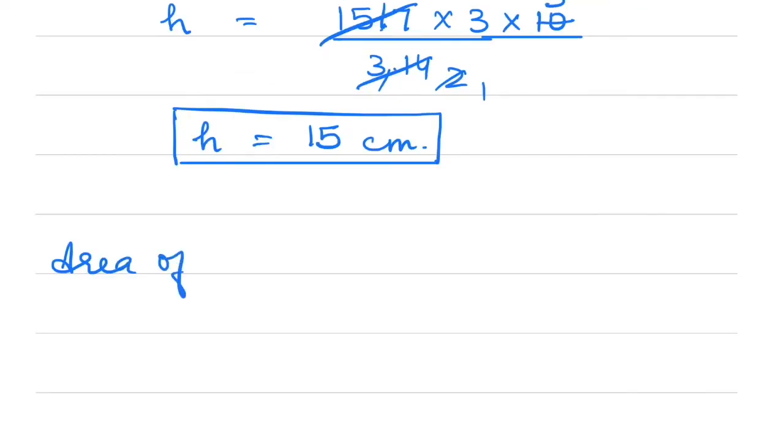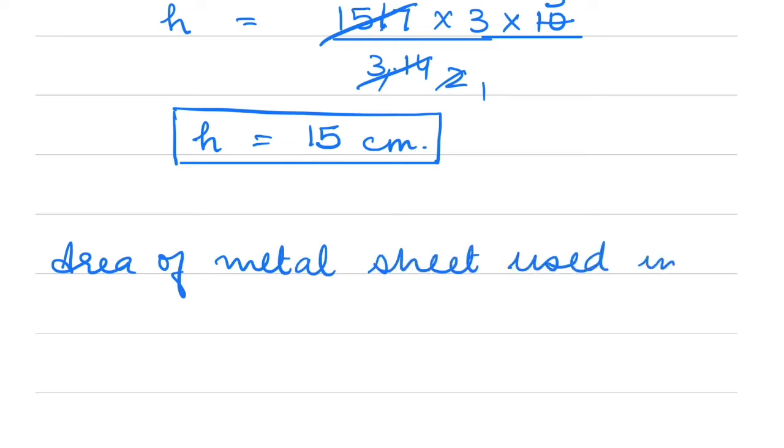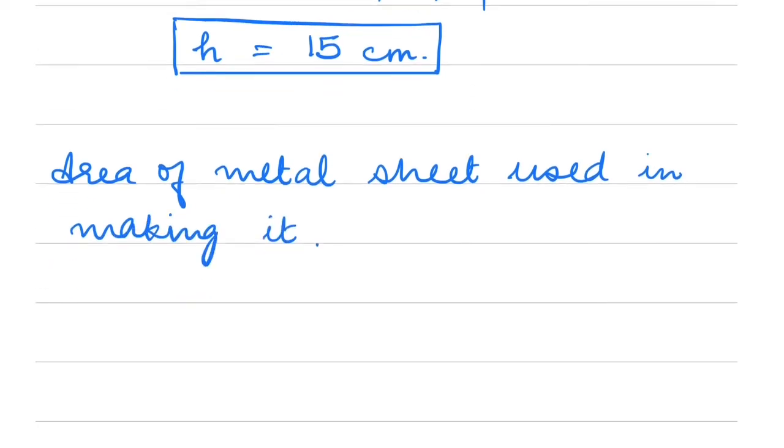Now area of metal sheet used in making it will be equal to curved surface area of the frustum plus area of the base.